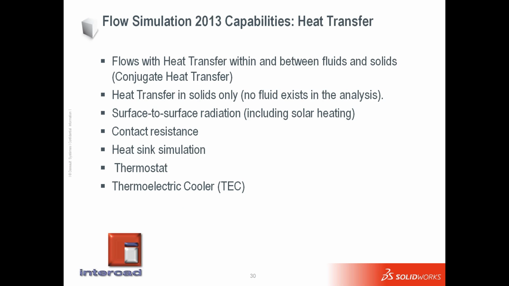For the heat transfer area, we can have conjugate heat transfer studies in fluids and solids. We can have surface-to-surface radiation. We can simulate contact resistance, heat sinks, thermostats, and thermoelectric cooler models.